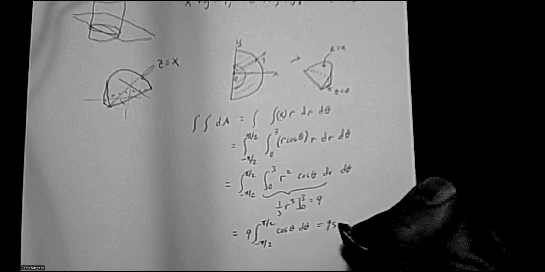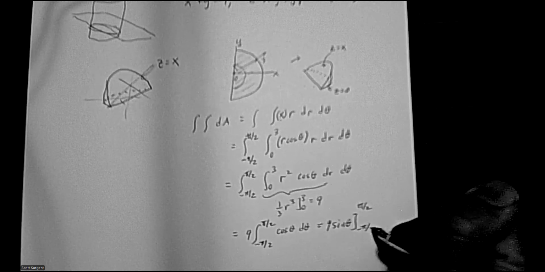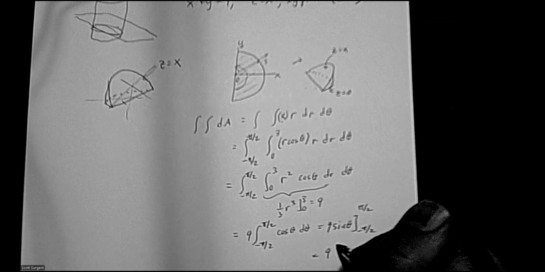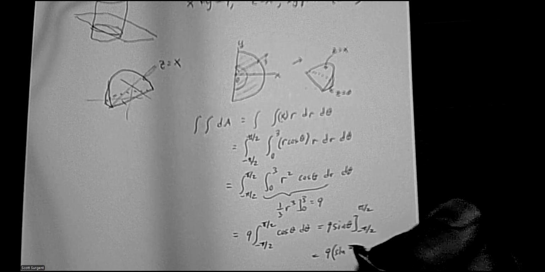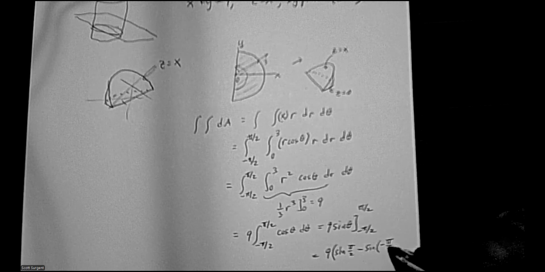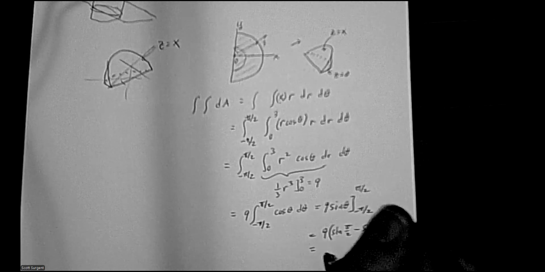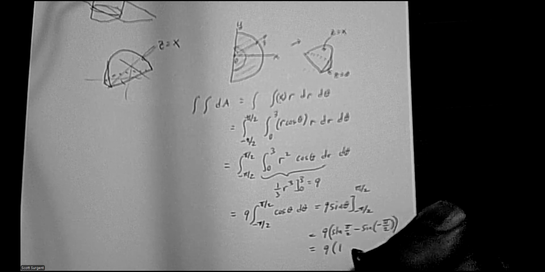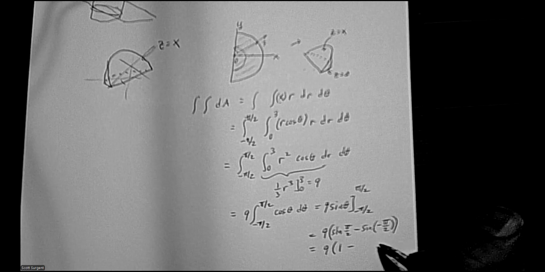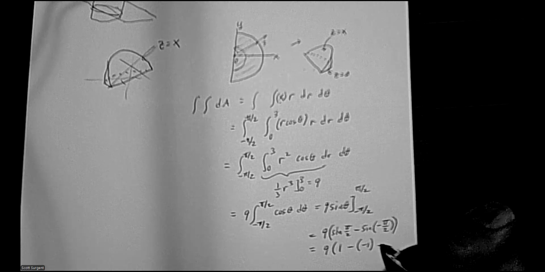That's going to be 9 times sine theta, evaluated as sine of pi halves minus sine of negative pi halves. Well, sine of pi halves is, everybody all together, it's 1. Sine of negative pi halves is actually a negative 1, but then this negative makes it a positive 1.